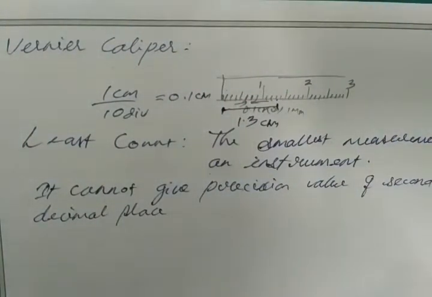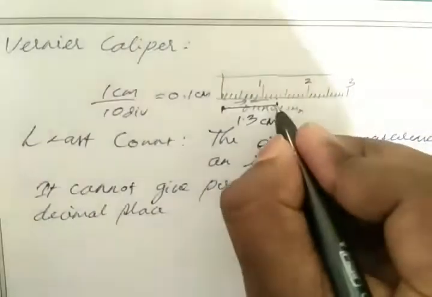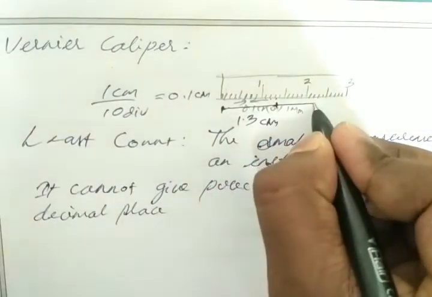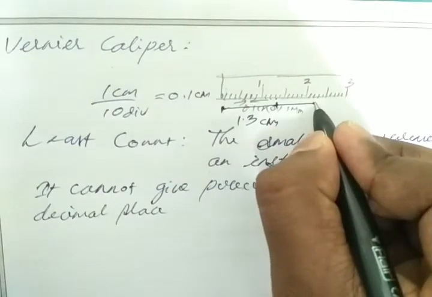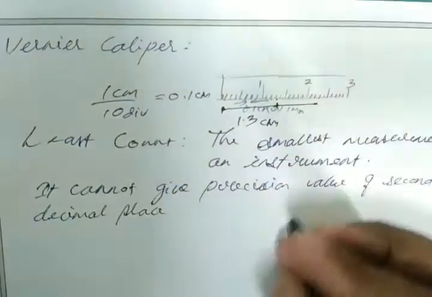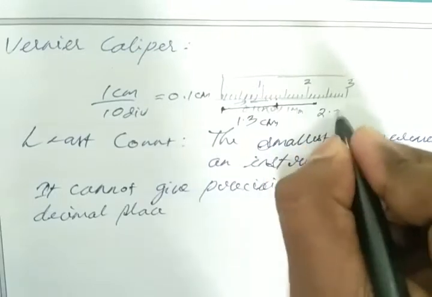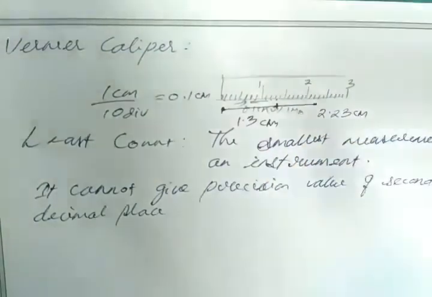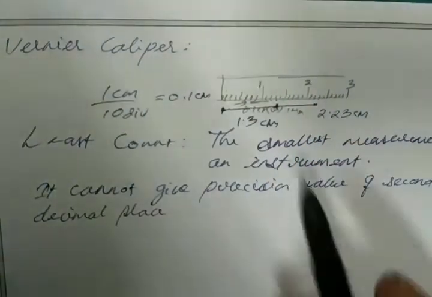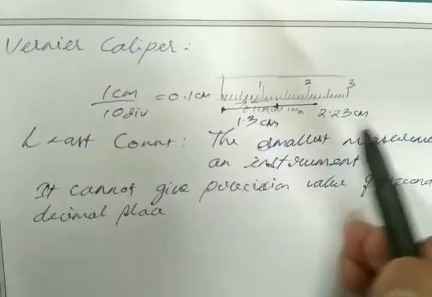But if an object is 2.23 centimeter, how can we measure 2.23? It comes up to 2.2, then it lies between 2.2 and 2.3. So the object length is 2.23 centimeter, but by using the normal scale we cannot measure the second decimal place.